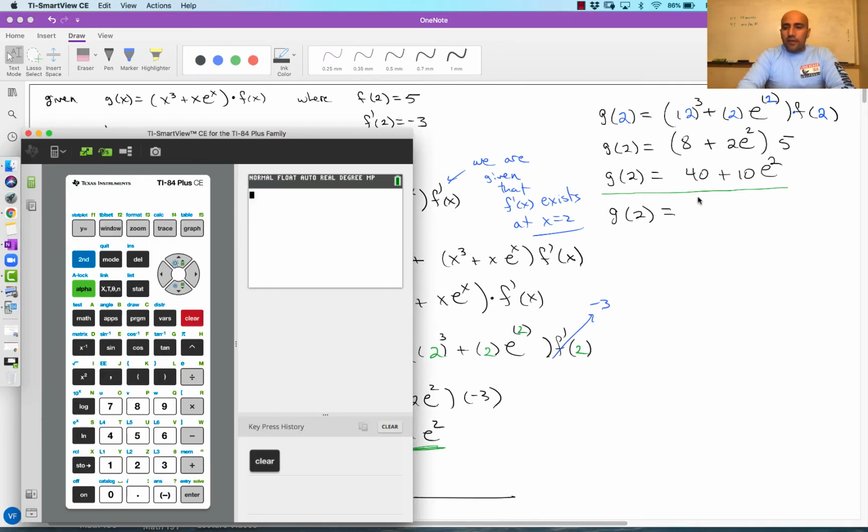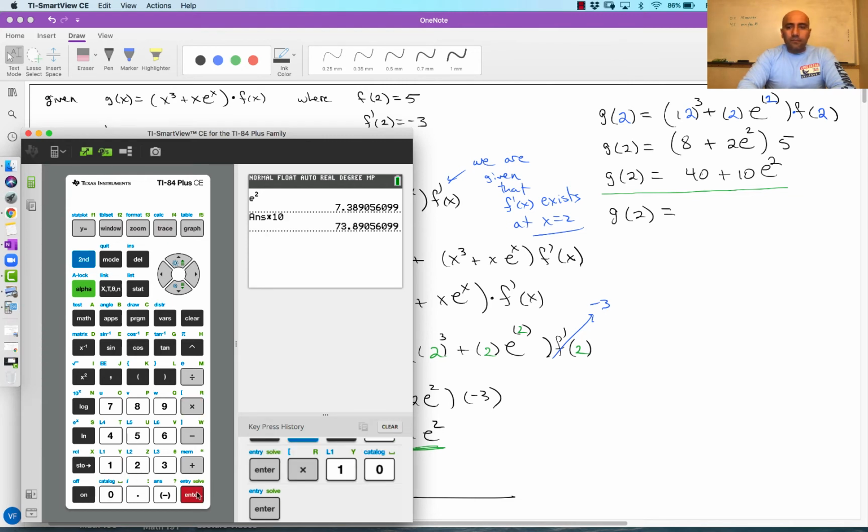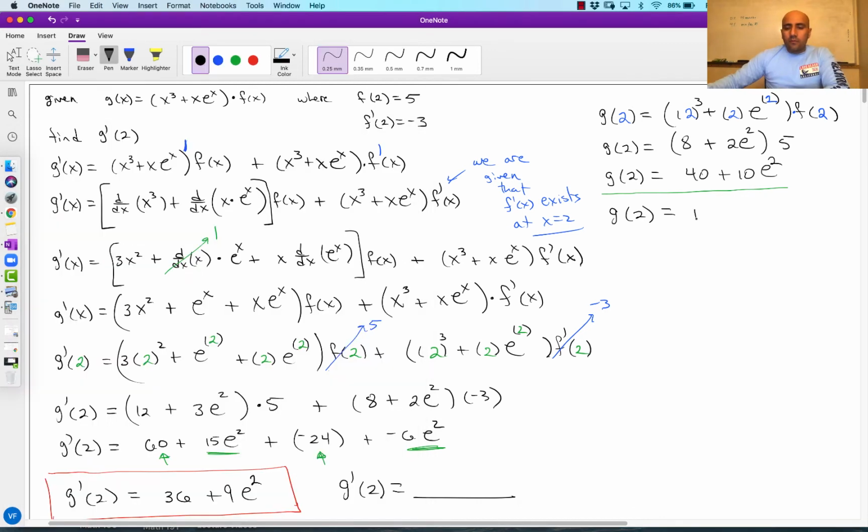Okay, so first I'll calculate this. So let's do e squared times 10 plus 40. So I get 113.89. So I have the ordered pair 2 comma 113.89.